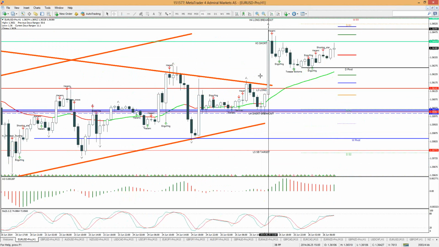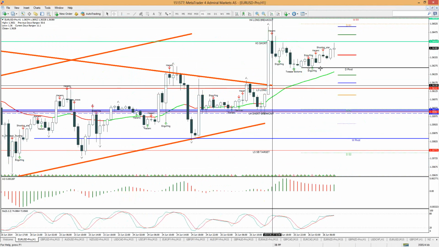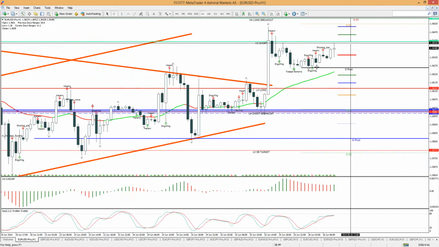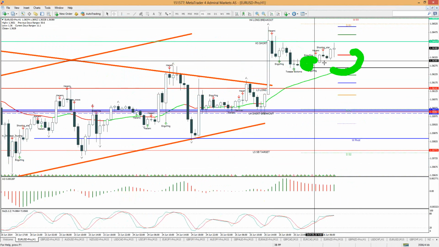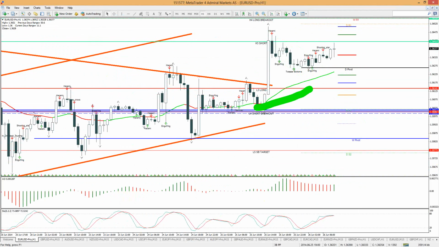So what happened now? We got some Asian session consolidation, and it seems like we're moving up again, with a bullish engulfing off the daily pivot point. We also had some bearish price signals, but overall the trend is still up, looking at the moving average here.